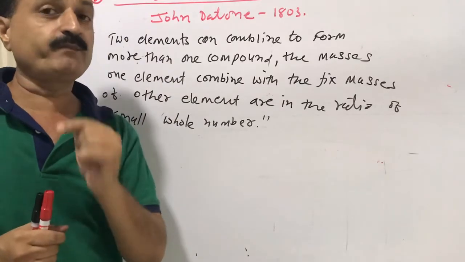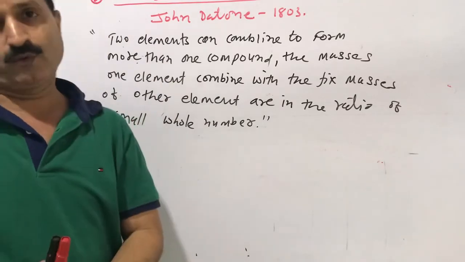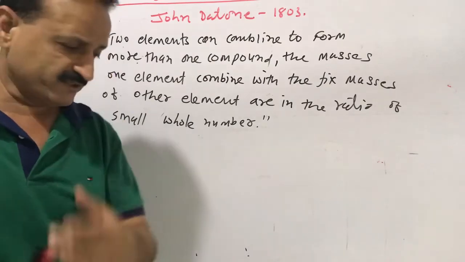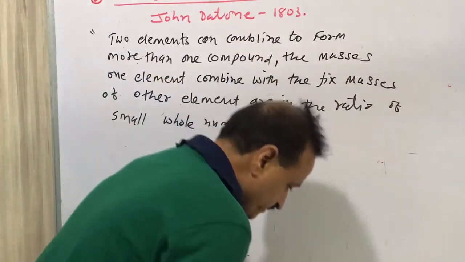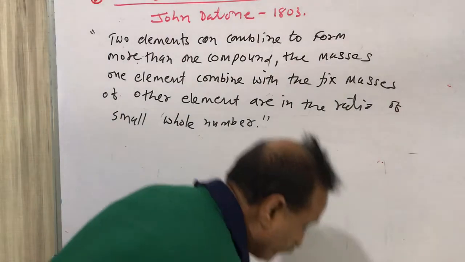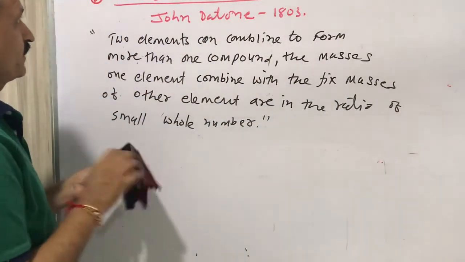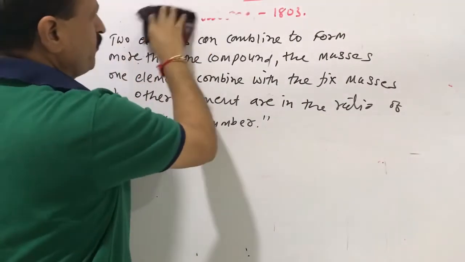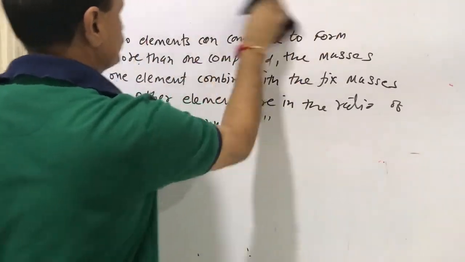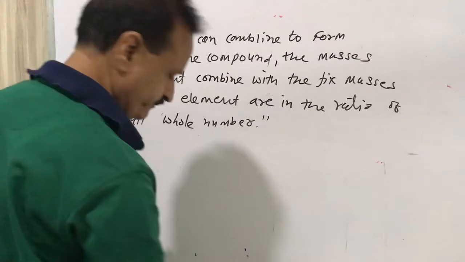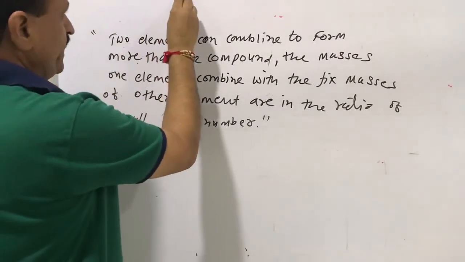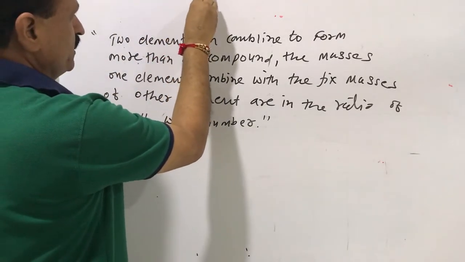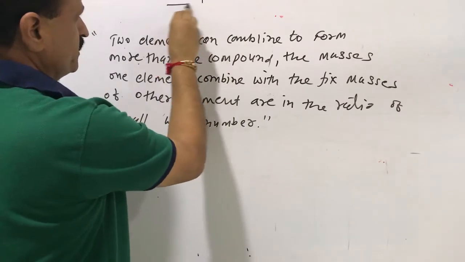Now we will take a proper example and prove this law. Two elements combine chemically to form more than one compound. I am writing over here, law of chemical combination. We have one element hydrogen, another element oxygen.